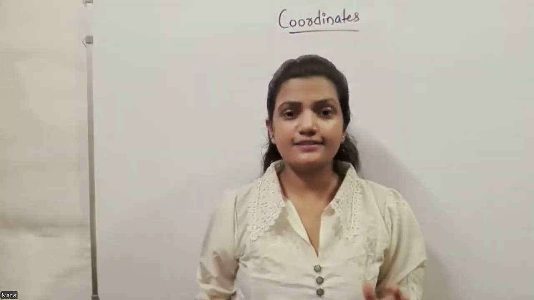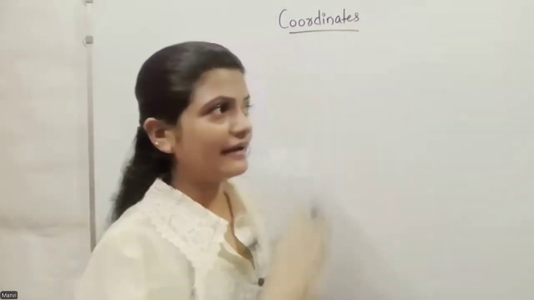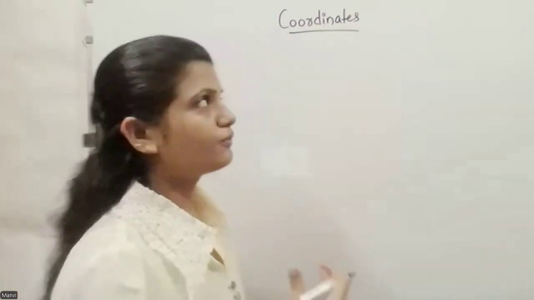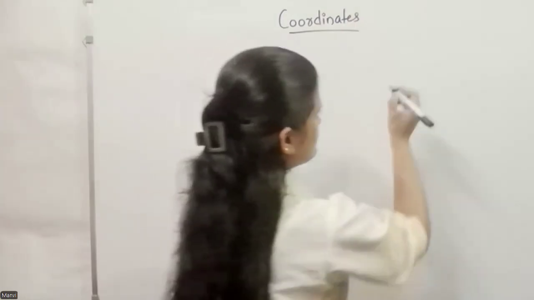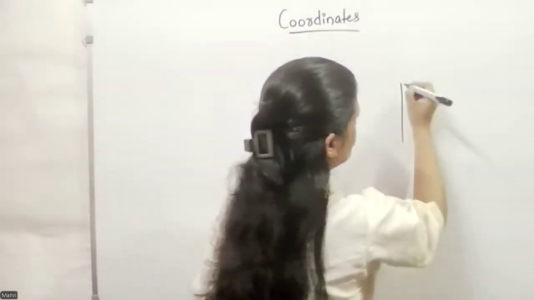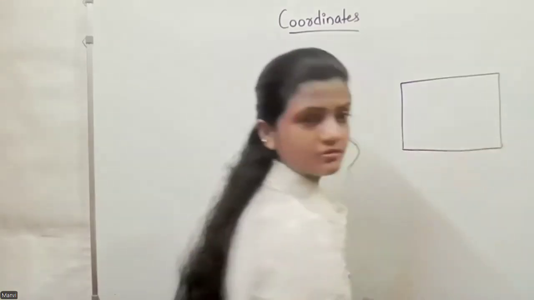Kavya, coordinates are just like the address of your house. For example, if I say my house is somewhere in this city, would you be able to reach my house?